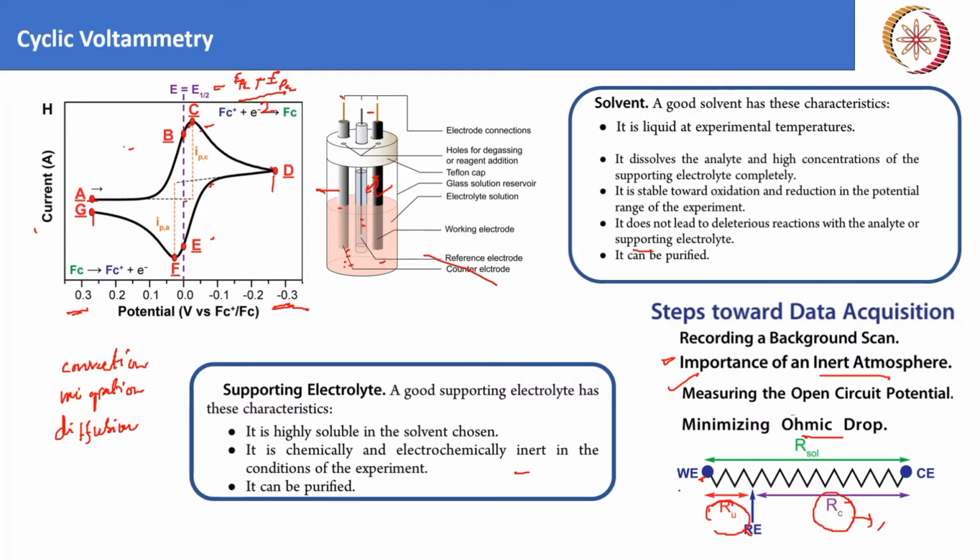Due to this resistance, the potential we get deviates from the exact potential. For this we should do impedance spectroscopy to know the resistance between the working electrode and reference electrode. From there you can calculate the IR drop or ohmic drop. So these things we have discussed.